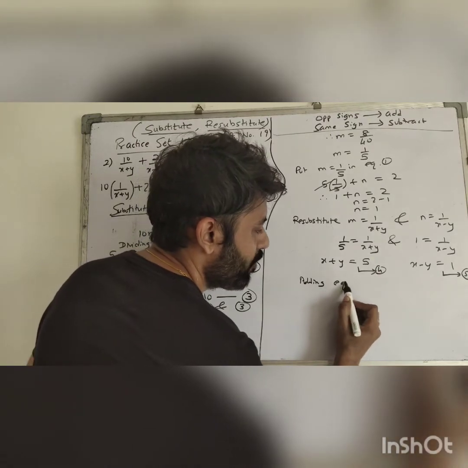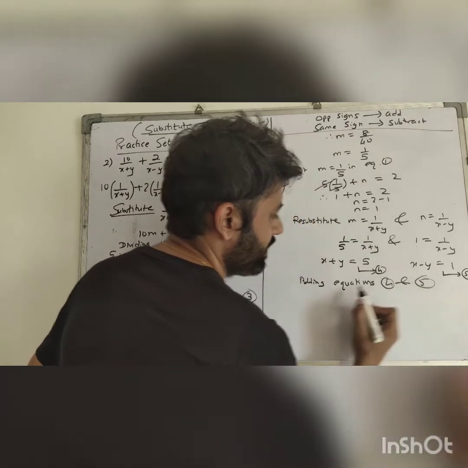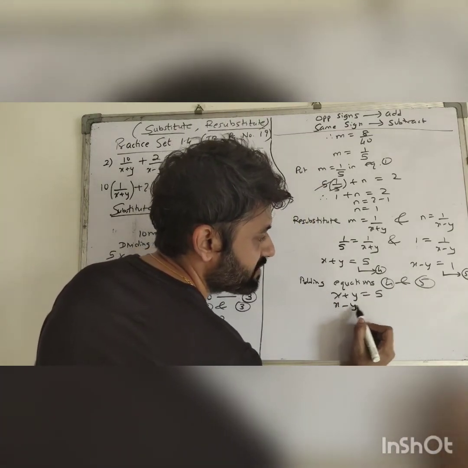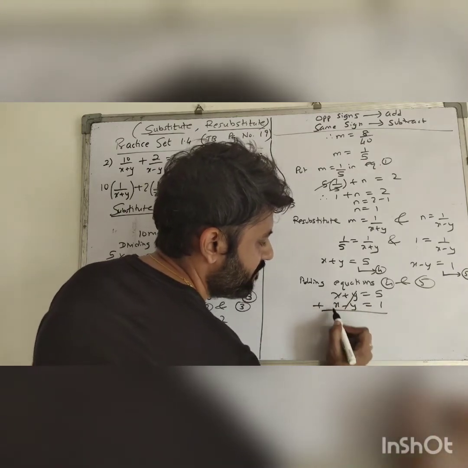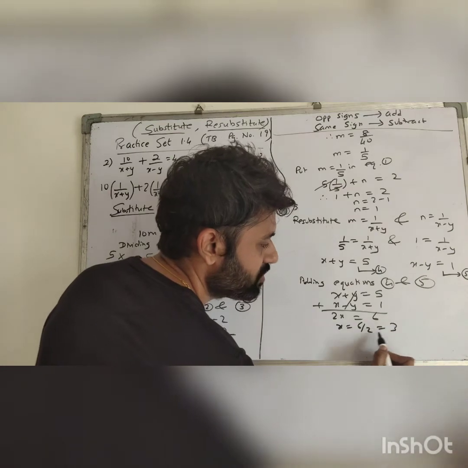Adding equations 4 and 5. x plus y is equal to 5. x minus y is equal to 1. And we get 2x is equal to 6. x is equal to 6 upon 2. x is equal to 3.